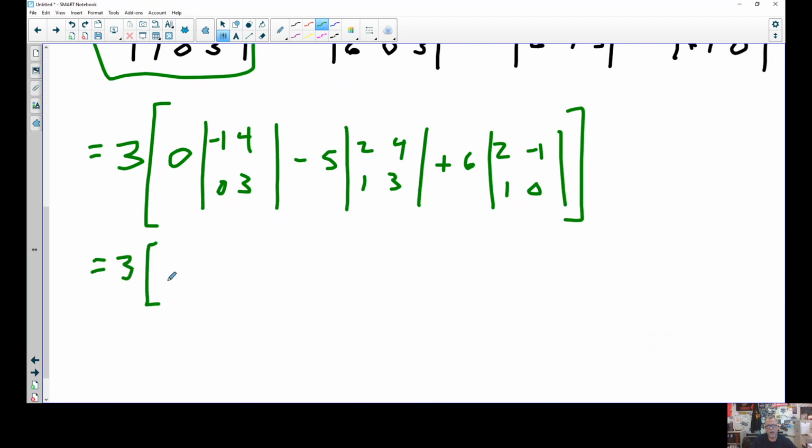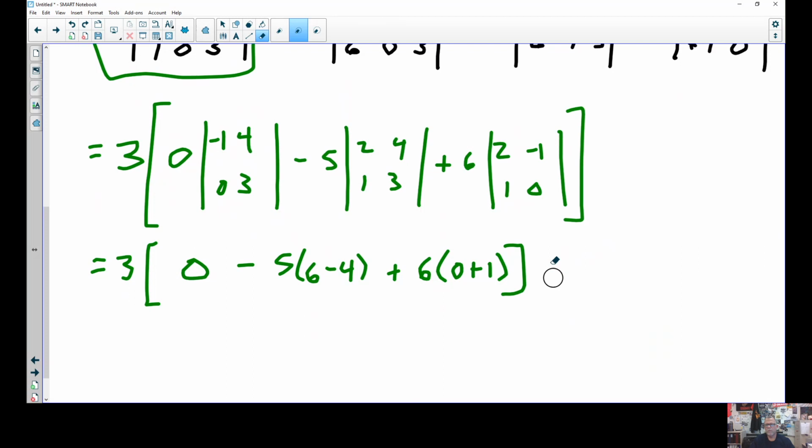So I have 3 times, well, this is 0. I don't need to worry about it. 0 times whatever this number is, so it's 0. Minus 5 times 6 minus 4 plus 6 times 0 minus a negative 1. Let's keep the pattern going.